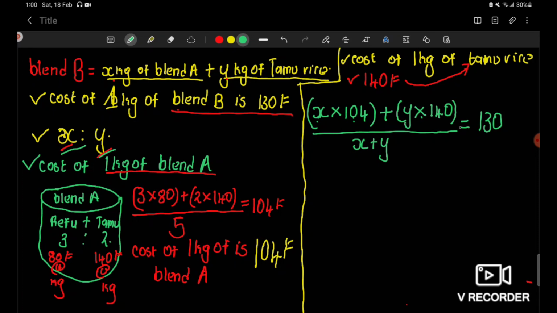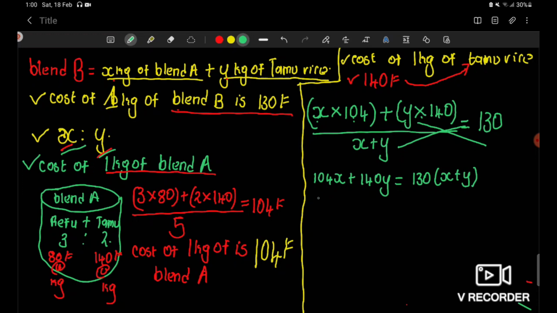So here what you do, you just cross multiply. So you will have 104x plus 140y is equals to 130 into brackets x plus y.